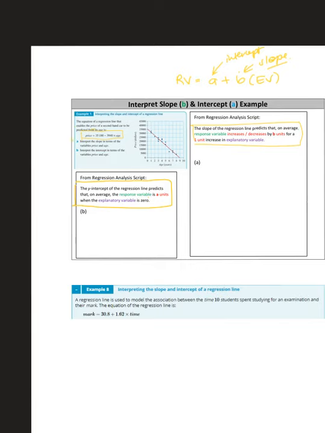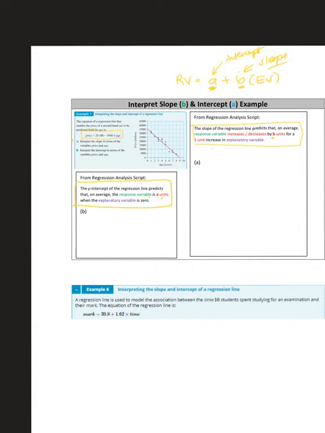A units, you would change to whatever A value you've got in your equation, and when you're using B, you would use your B value. Every time you're interpreting the slope or the intercept, you grab your script, either this one or this one, depending on whether you're interpreting A or B, and you just rewrite it word for word and change the green parts to make it make sense.